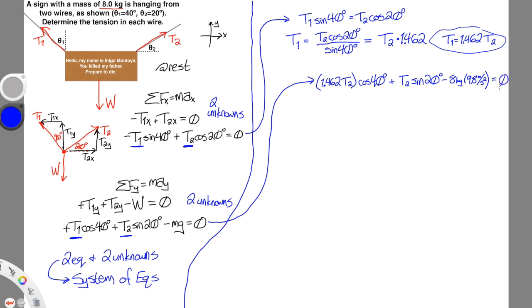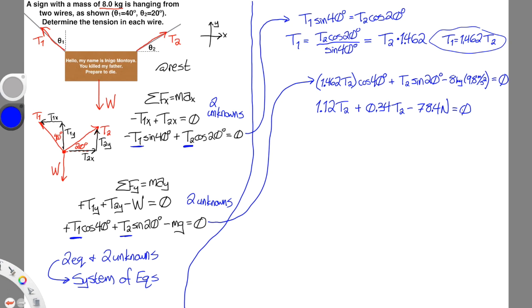Now we just need to combine some like terms. Multiplying that cosine 40 by the 1.462 gives us 1.12 times tension 2. And sine of 20 is 0.34, so we have plus 0.34 T2 minus, sorry, my bad, 78.4 newtons, which is our weight, equals 0.